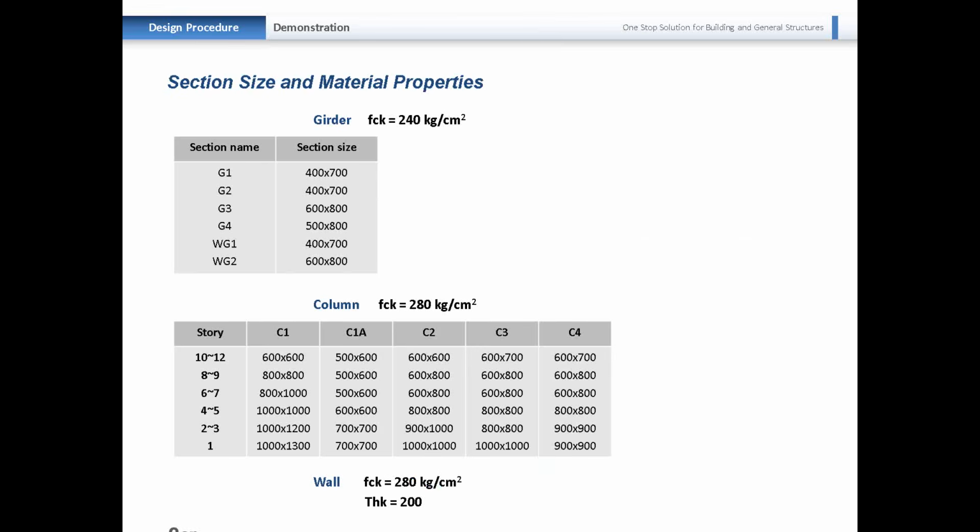These are the different section sizes and the different material properties. So the girder will be 240 kg per centimeter square. That is its FCK. Similarly for the column, and for the wall we have 28 MPa.